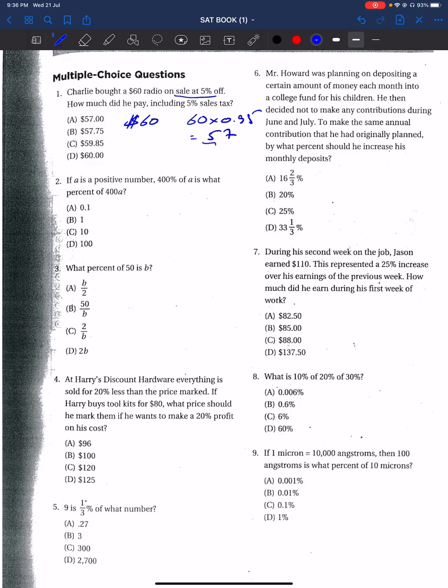Then this value should be multiplied by 1.05, sorry, since it is an increase in percentage. Thus, you'll get as an answer 59.85, and that's the price he should pay.